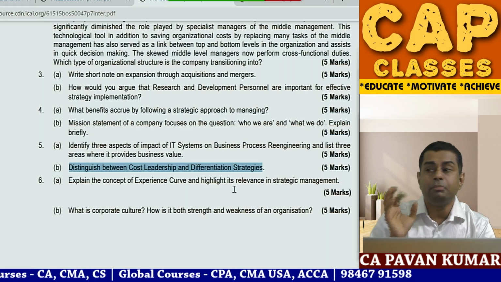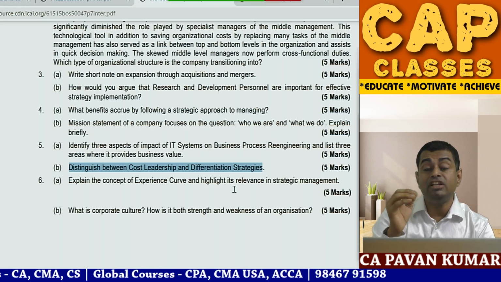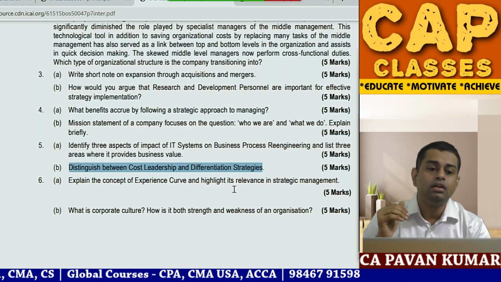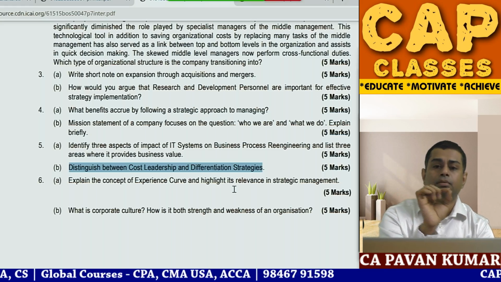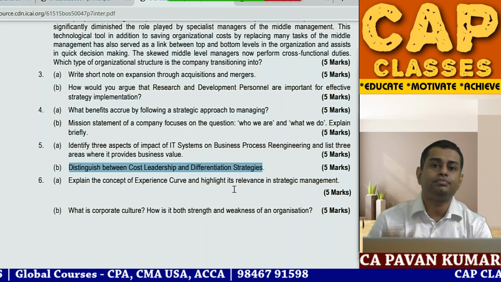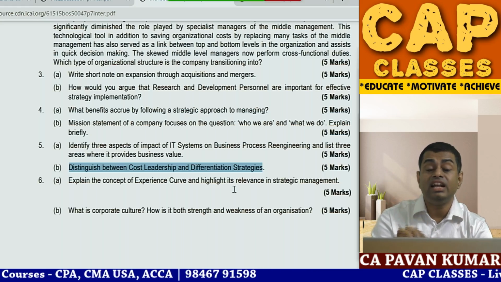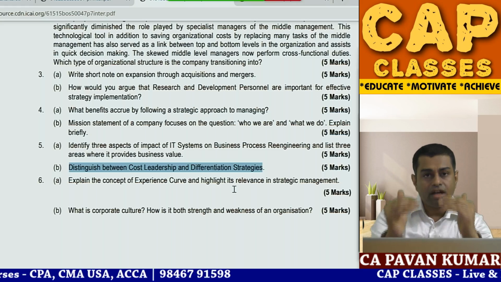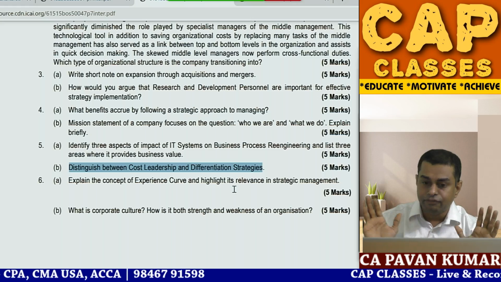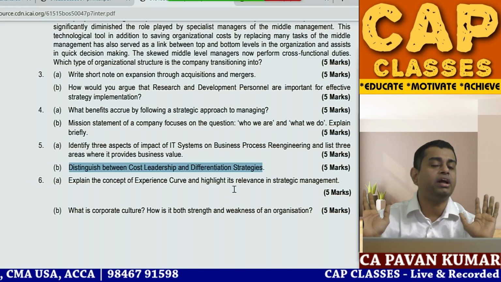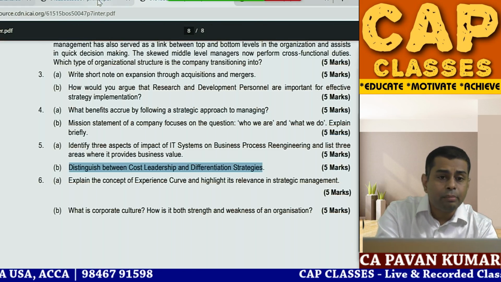Don't write a table, because to write a table you should have a superior level of knowledge. Simple. Put the heading cost leadership. Write 4-5 points under that. After that, put the heading differentiation strategy. Write 4-5 points after that. Enough. You do not need to prepare a table.